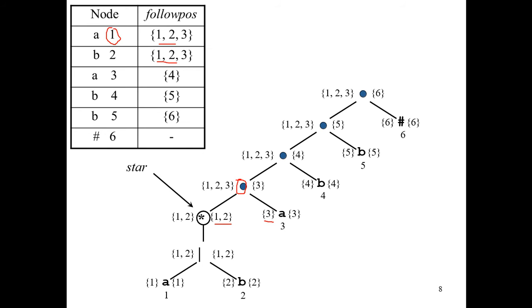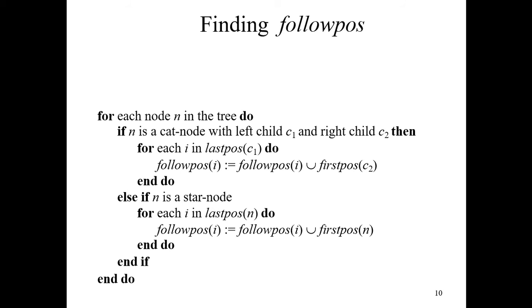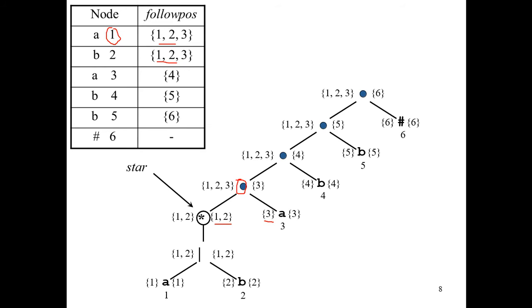For each of the lastpos in the left child, the firstpos is added. So for 1 it will go to 3, for 2 also it will go to 3. Hence for 1 and 2 we get 1 2 3 and 1 2 3.